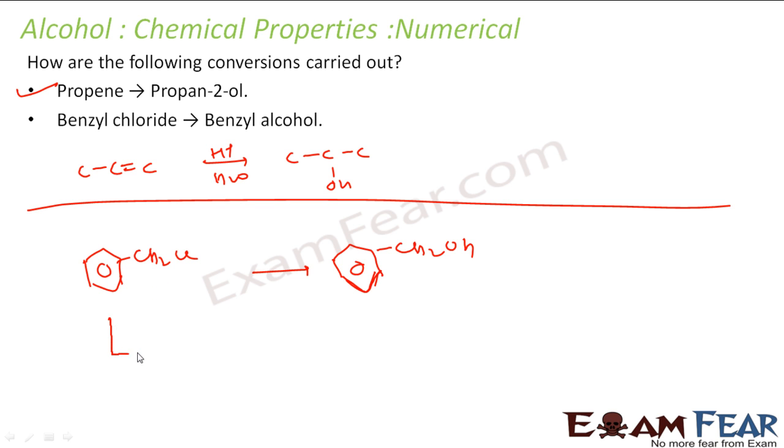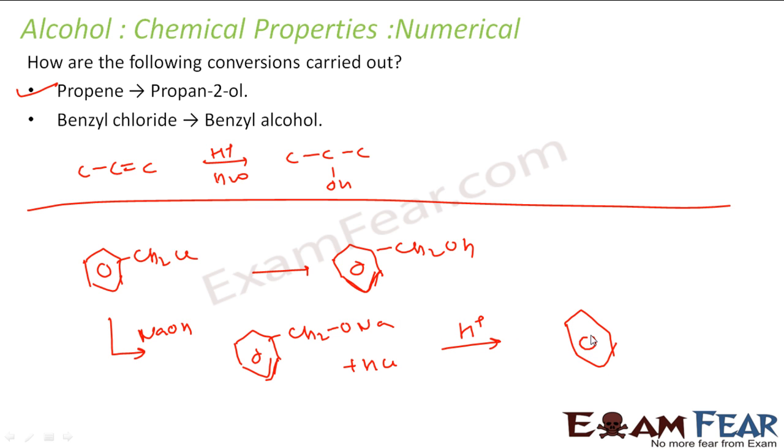Let me try this. NaOH. What I get is CH2ONa, plus NaCl, obviously. And when I hydrolyze this, it becomes CH2OH. This is one possible option.